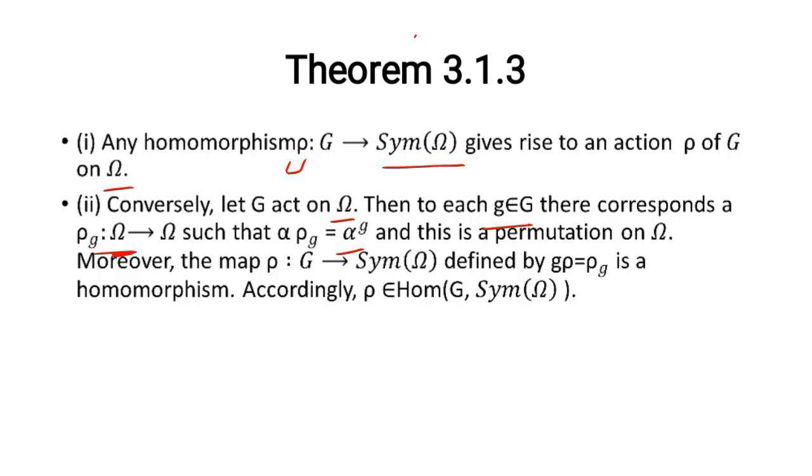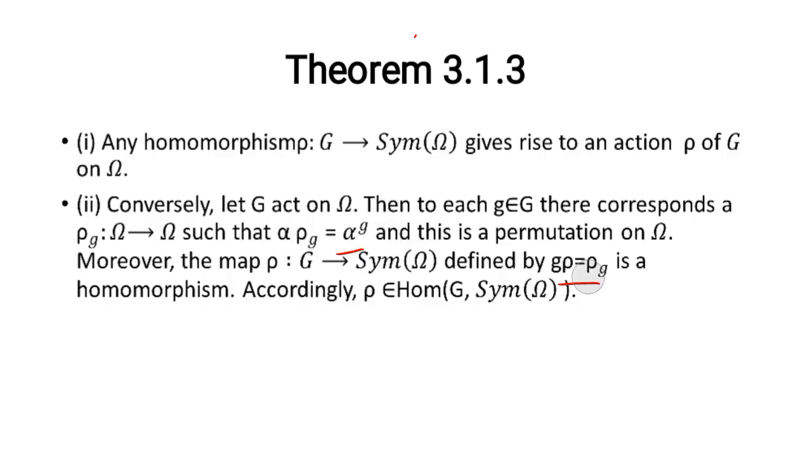Moreover, the map rho, which maps G into the symmetric group on Omega, defined by this, is a homomorphism. Accordingly, we can say the map rho is taken from the collection of all homomorphisms of G into the symmetric group on the set Omega. Okay, so this is the statement of the theorem.